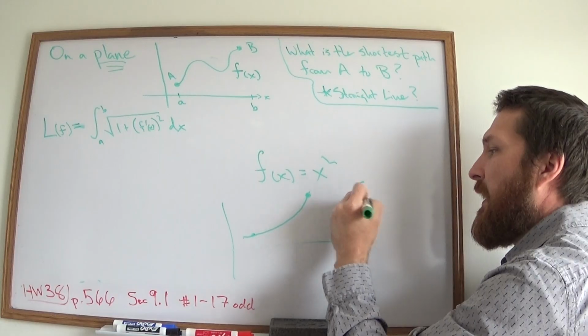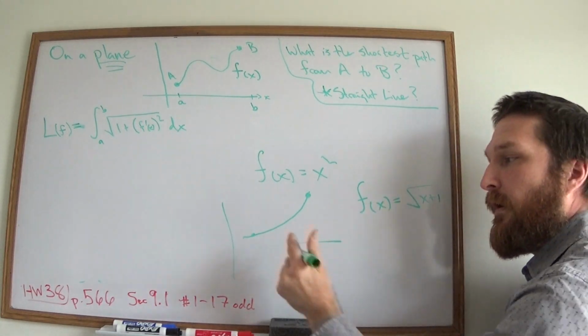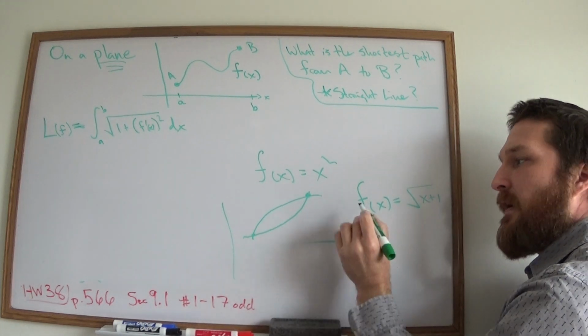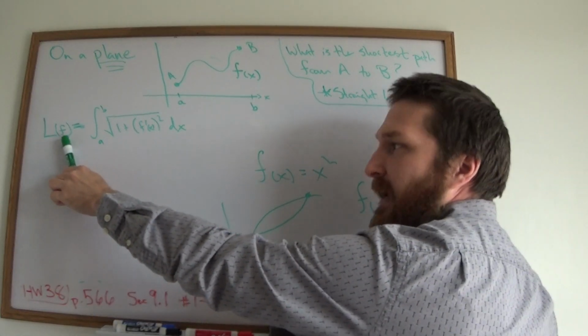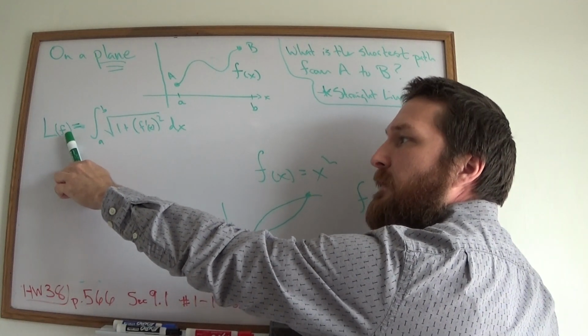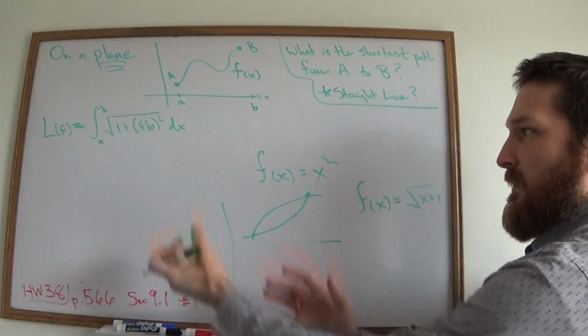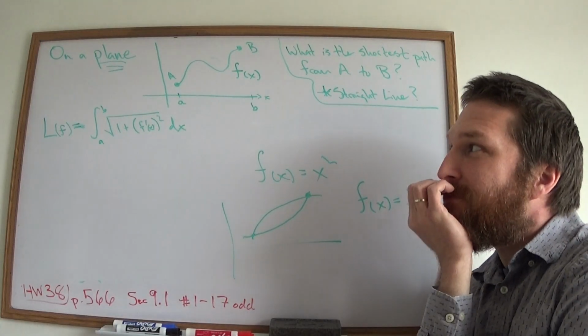But if you let f of x be, I don't know, root x plus 1, you're going to get there another way. And the thing that varies is the way that you go. It's f. F is your variable. F is the input to this function. Does that make sense?